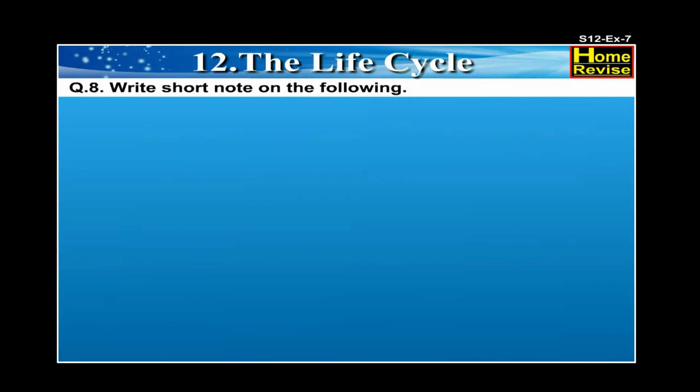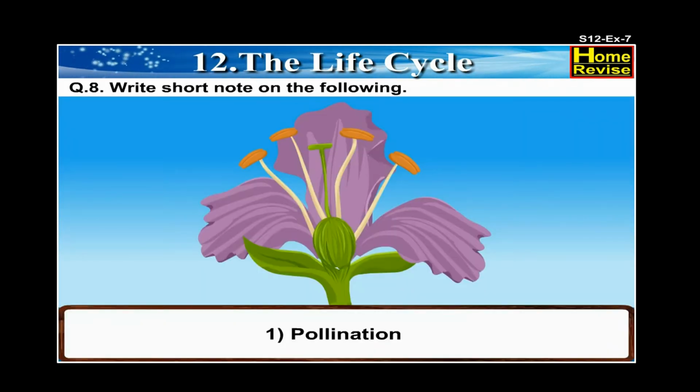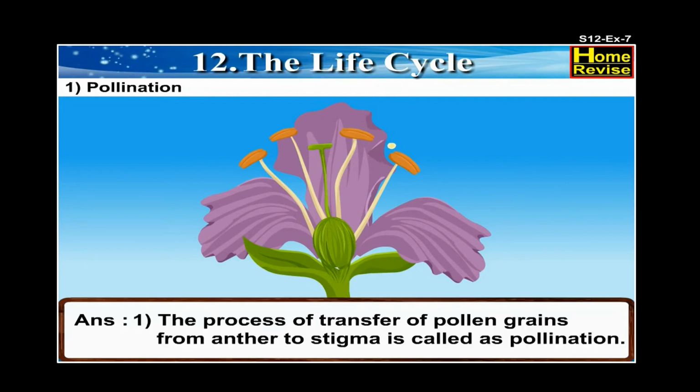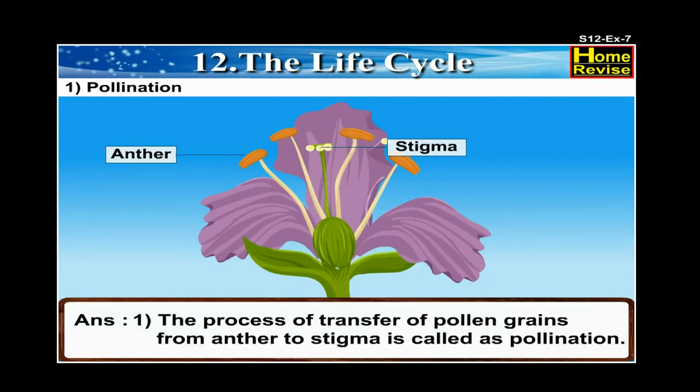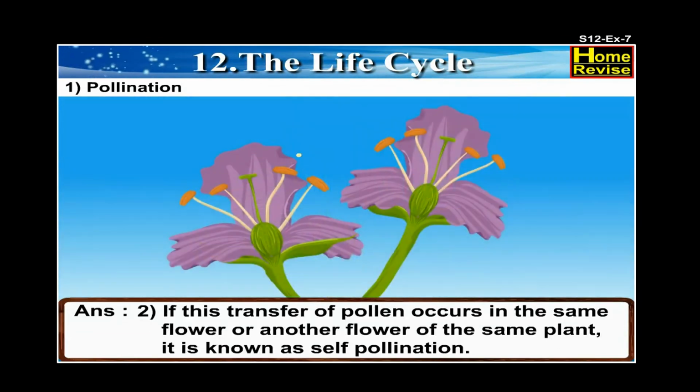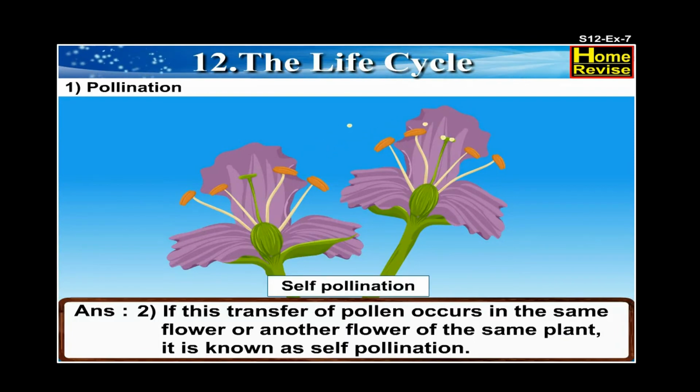Question 8. Write short notes on the following. First, pollination. The process of transfer of pollen grains from anther to stigma is called pollination. If this transfer of pollen occurs in the same flower or another flower of the same plant, it is known as self-pollination.